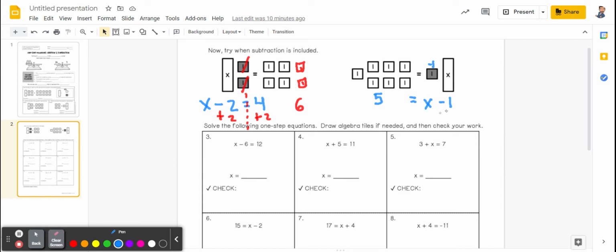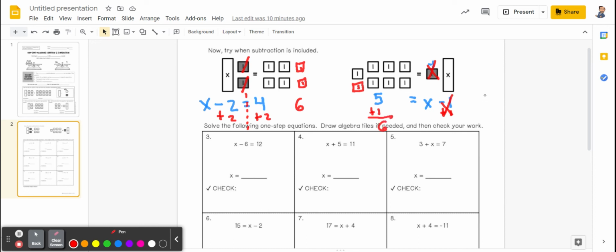Let's get x by itself, so we need to add 1, right? Add 1 to this side, okay? And then we have to add 1 to this side. That makes 0 over here, okay? So we're done with this one, but we have to add 1 over here, just like we did. All right, and so x is by itself, so x equals 6.